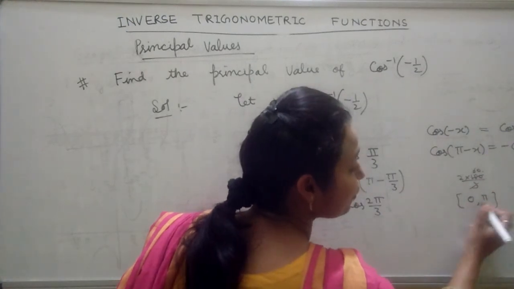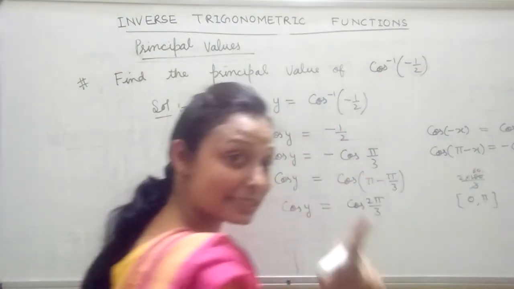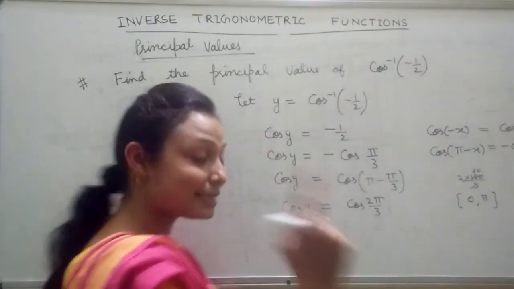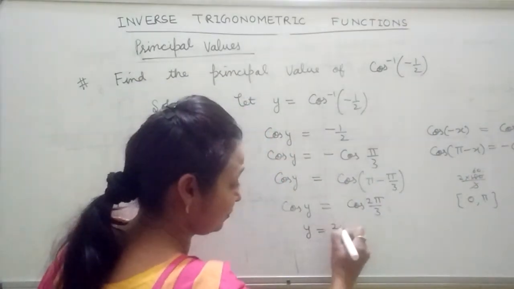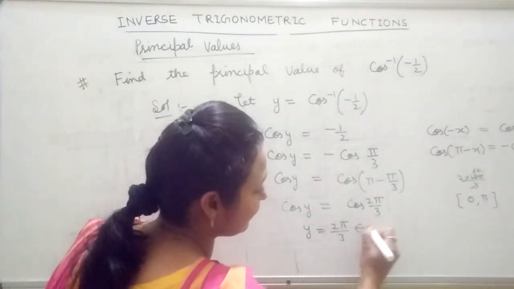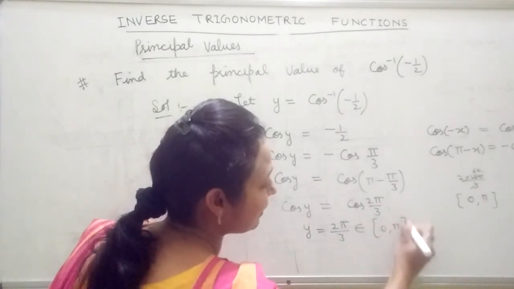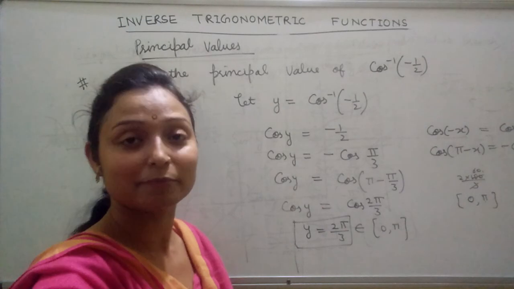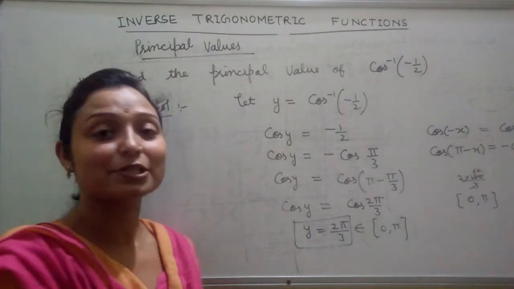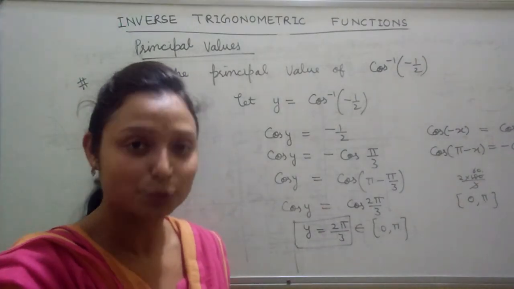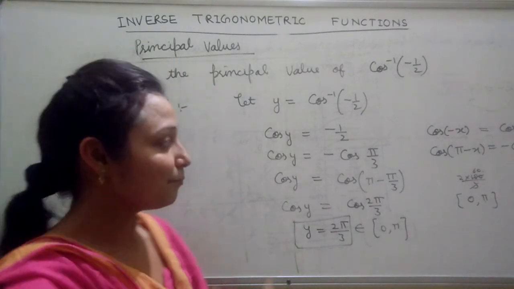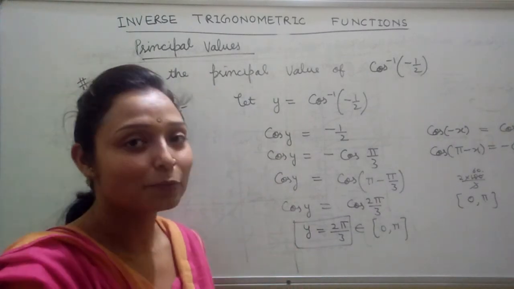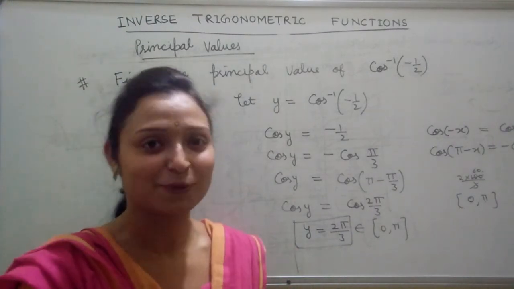Is it between 0 and pi? It's 120, yes, between 0 and 180. So y equals 2 pi by 3 lies between 0 and pi. So this is the principal value of cos inverse of negative 1 by 2. Do these types of questions of exercise 2.1 and practice more and more on domain and range. Okay, thank you.